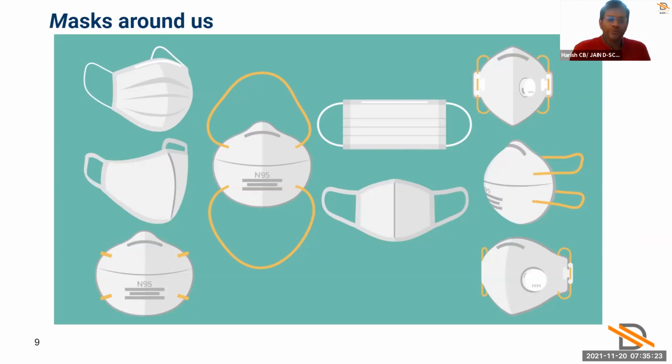And compared to 2 years back, we have a variety of masks out there, starting from the very basic surgical mask with a nose clip, which I think a lot of you can identify, that mask on top. Later, we had this N95 mask, which used to come in 2 layers, 3 layers. The layers actually filter the impure air particles and the virus.